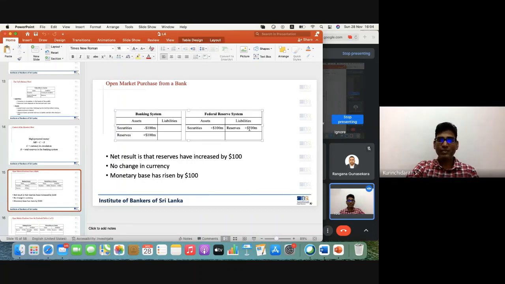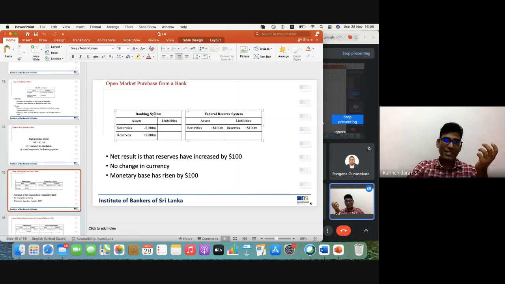And also the central bank got the government securities back. So then 100 million increase. So the central bank balance sheet looks like this. That means assets increased by 100 million, liabilities increased by 100 million.